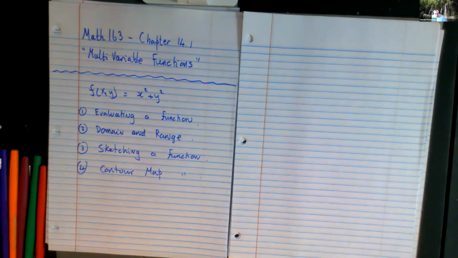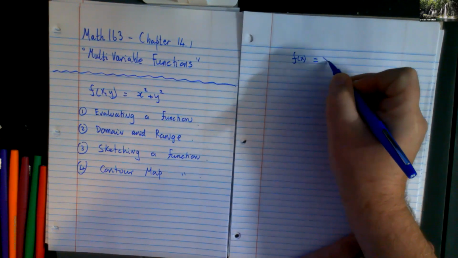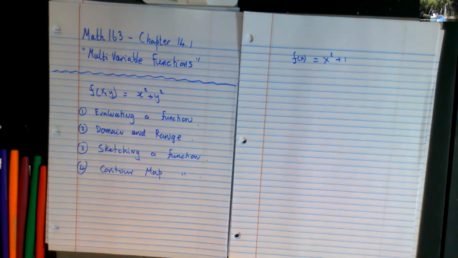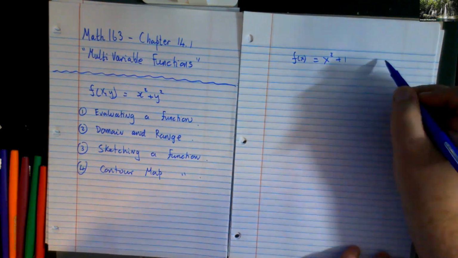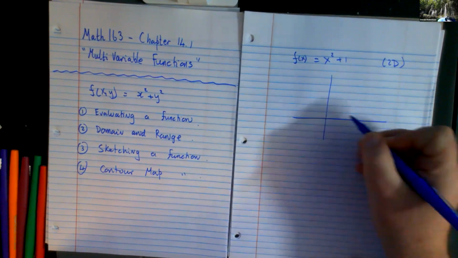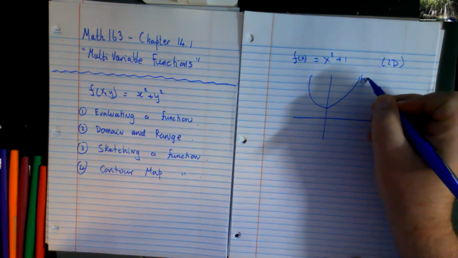So what is a multivariable function? Well, let's do 141. That is a function from Math 141. It's actually two-dimensional. And what do I mean by that? Well, if you draw it, it looks something like that, right?